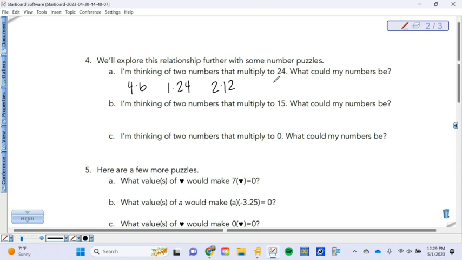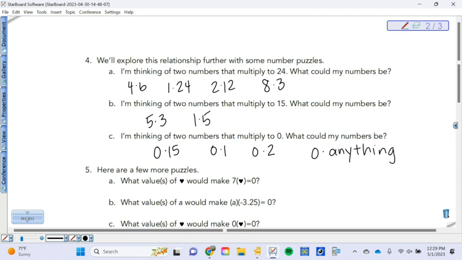There it is, 8 and 3. Good. What about 15? Perfect. What about two numbers that multiply to 0? 0 times anything, right, is going to give us 0.